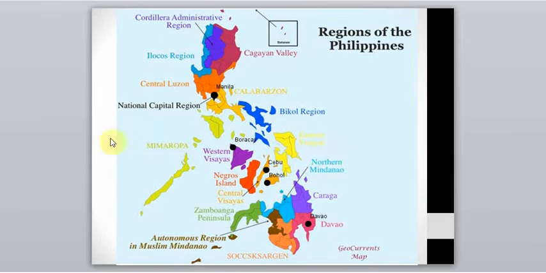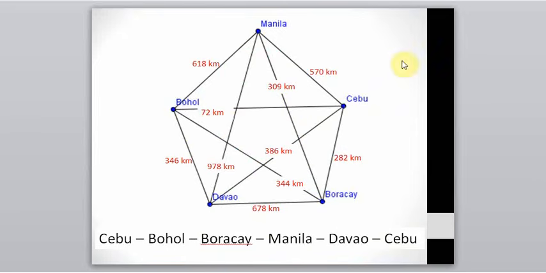Out of this map, let's use graphs to represent these places as objects and the distances between these places. So I have here the graph. So you have Manila, Bohol, Davao, Boracay, and Cebu. With the help of the internet, I came up with the distances between these places.